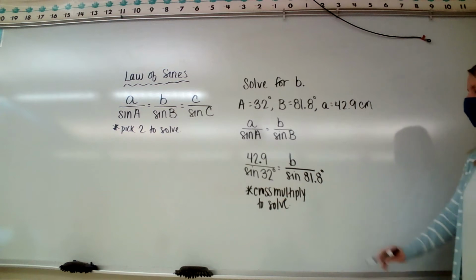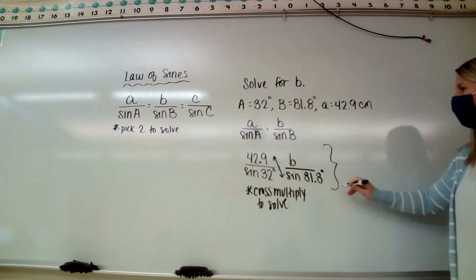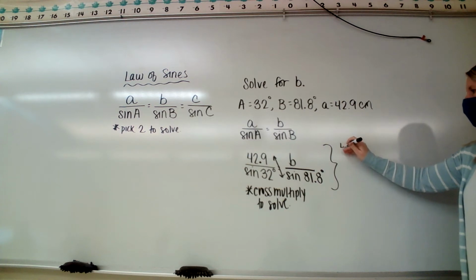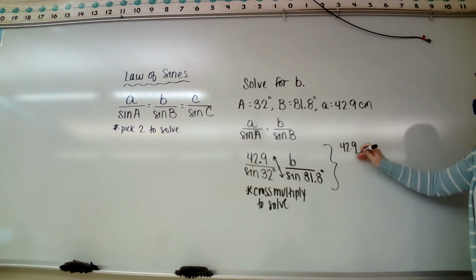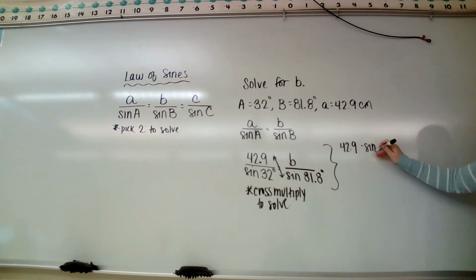So when I say cross multiply, I'll do my work right over here. 42.9 times sine of 81.8, you put an equal in the middle.